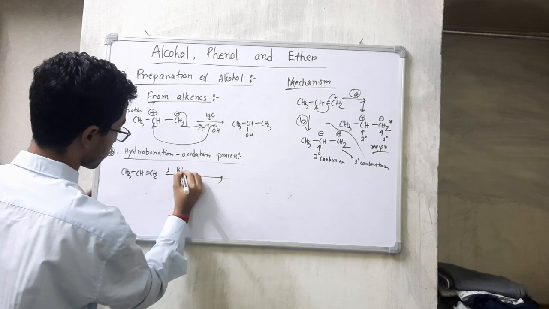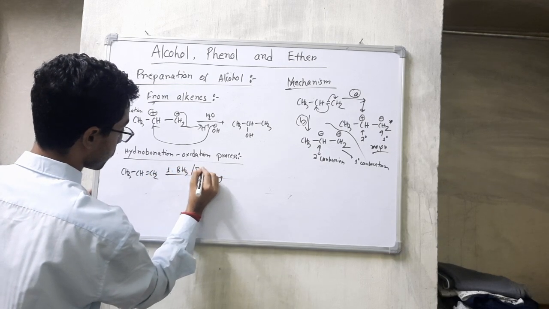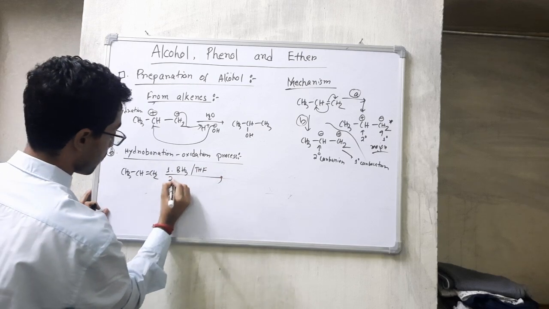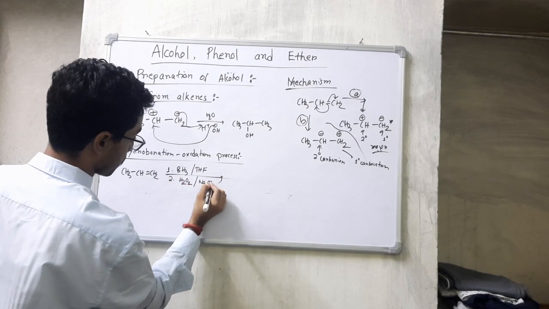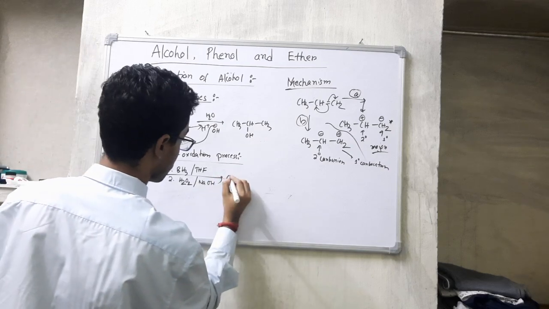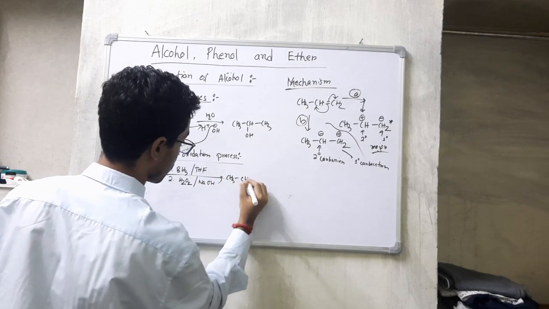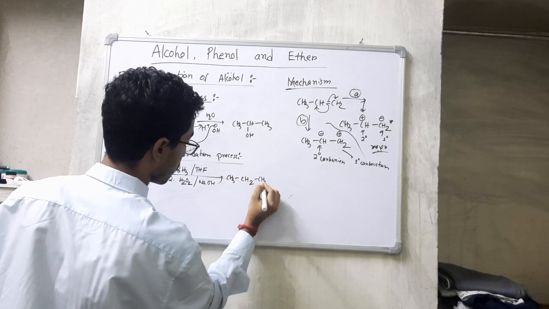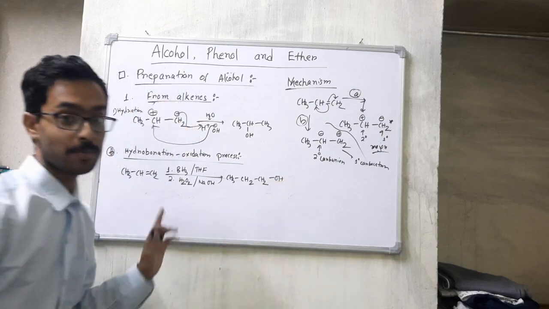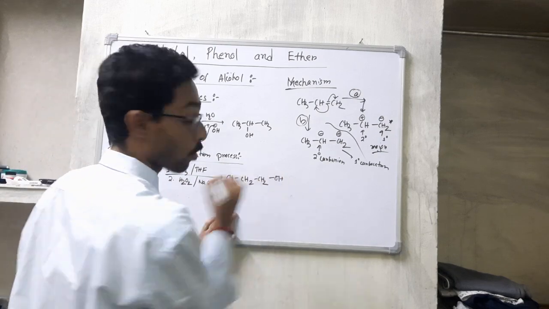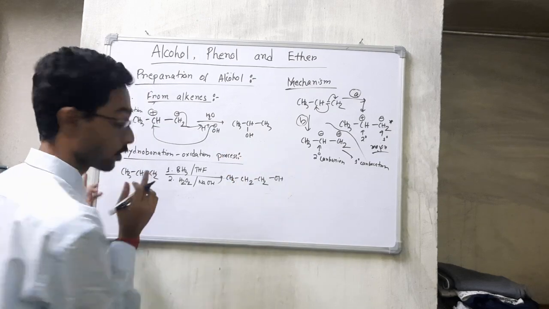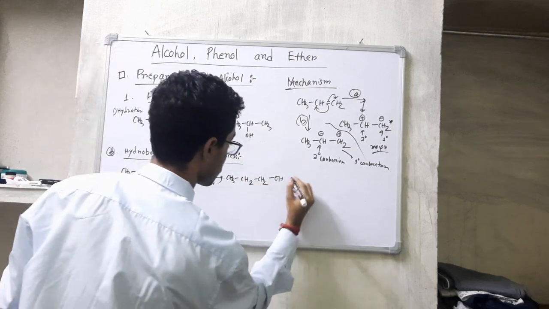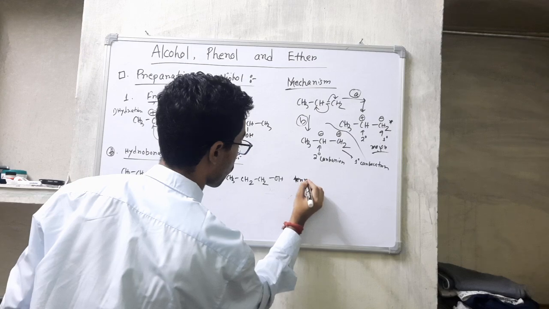The reagent is BH3, THF as a solvent, and number two is hydrogen peroxide and NaOH. Then we get a terminal alcohol. Why terminal? This OH is attached to the carbon which is at the terminal position of the hydrocarbon chain.